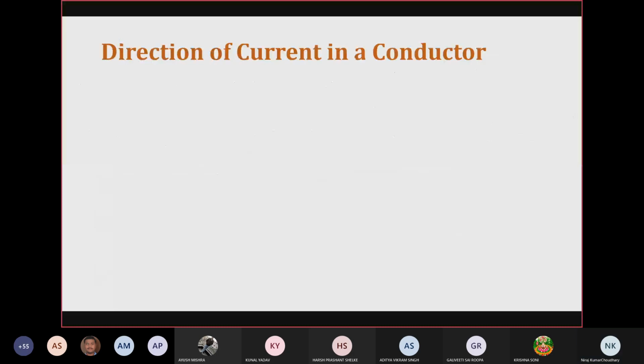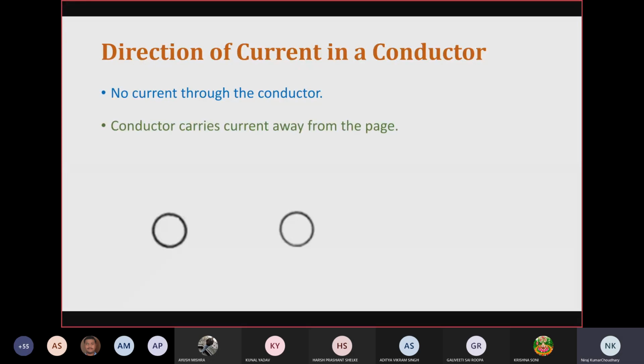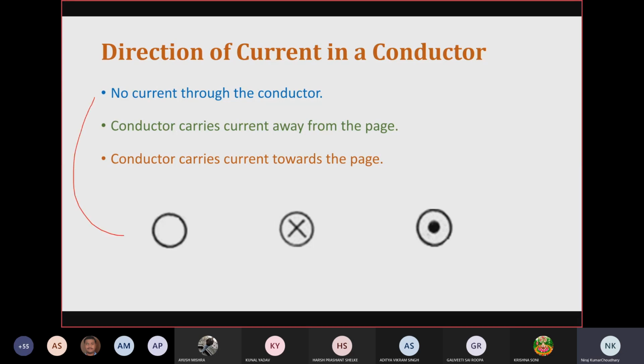Now, next part, we will see the direction of current in a conductor, right? First of all, let us consider three cases here. Suppose this is the first one, when there is no current. If any conductor is mentioned like this, it means that no current is flowing through the conductor, right?